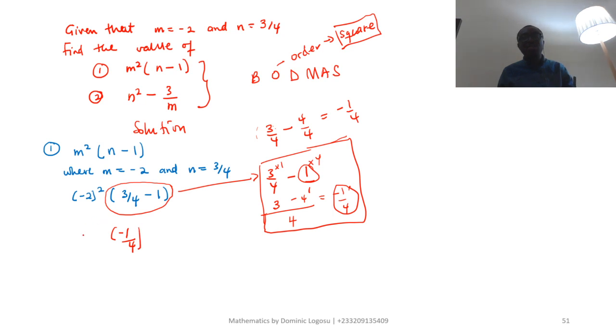We'll bring it closer to this side, and then now we'll come and do this. This is order, not off. It's strange to have 2 multiplications in BODMAS, so you can't say bracket of division, multiplication, addition, and subtraction.